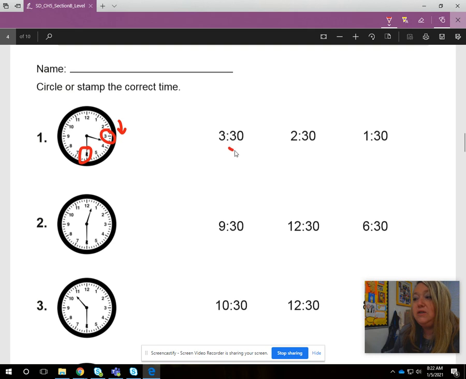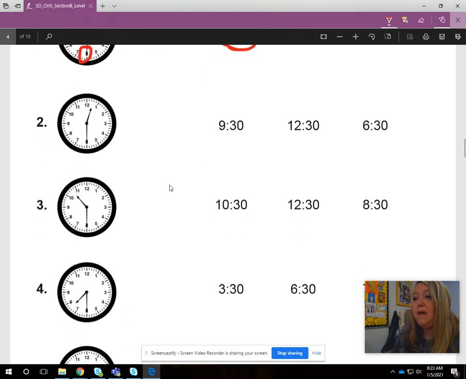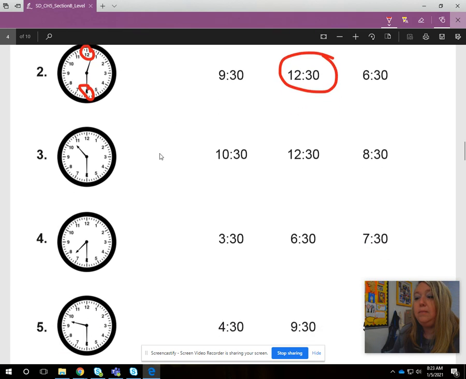So we're going to circle 3:30 for this one. Number 2, we have our 30 long hand. Our short hand is just past the 12. So we're going to select our 12:30 for that one.